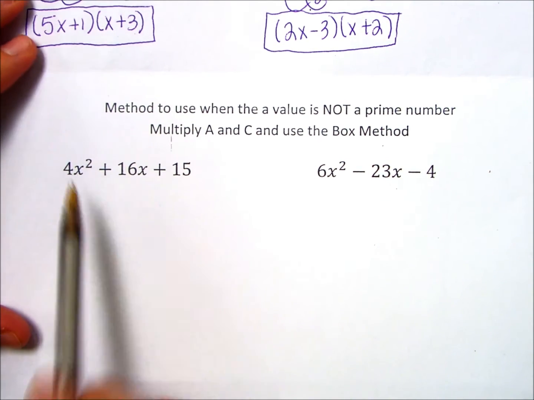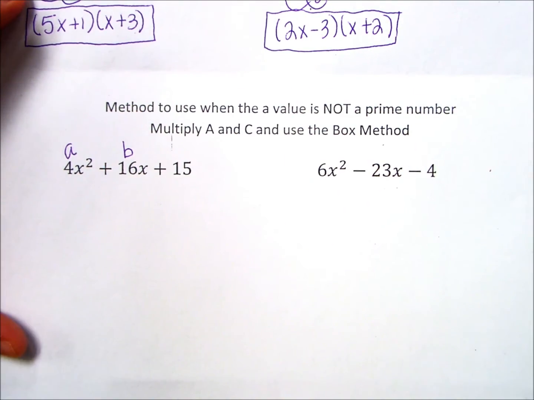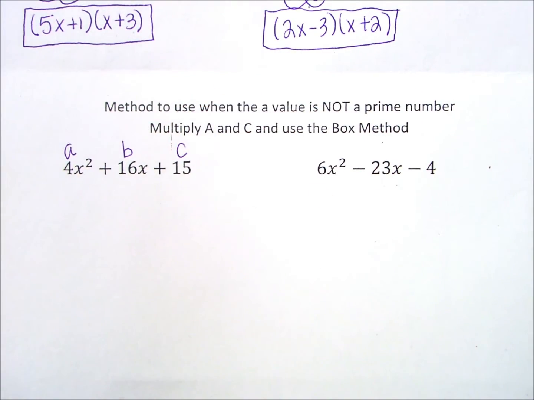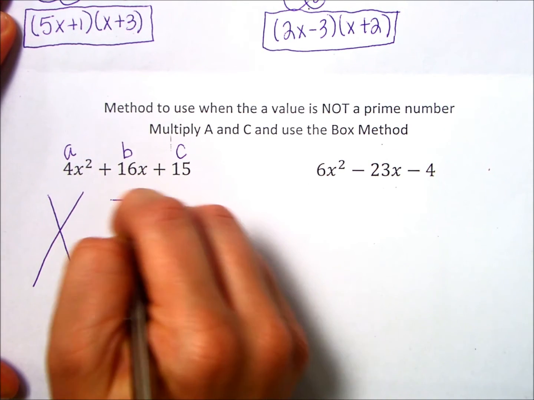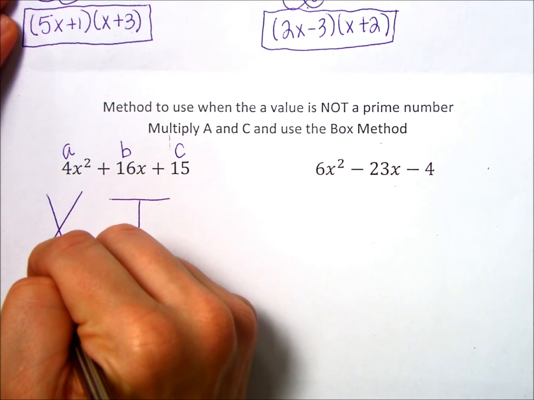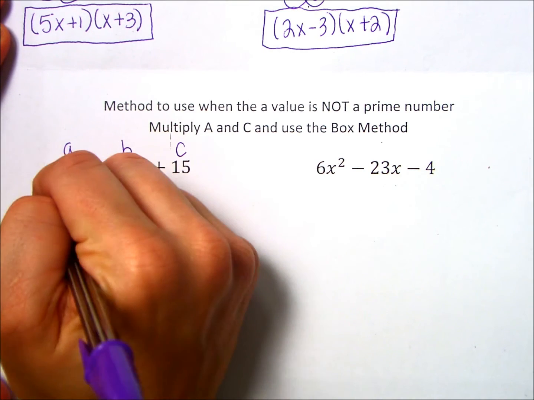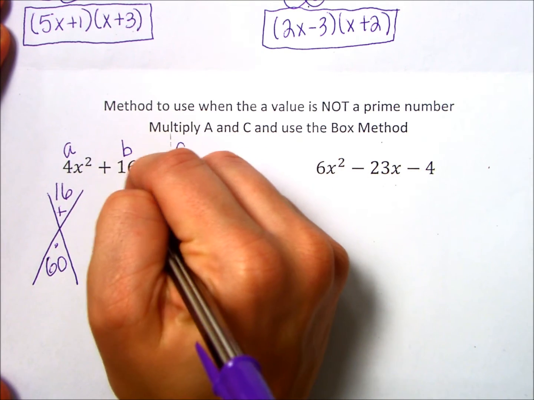So my a value here is 4, my b value is 16, and my c is 15. Create my x and my t. I'm going to multiply 15 by 4, and that gives me 60. So I'm finding two numbers that multiply to give me 60 and add to give me 16.